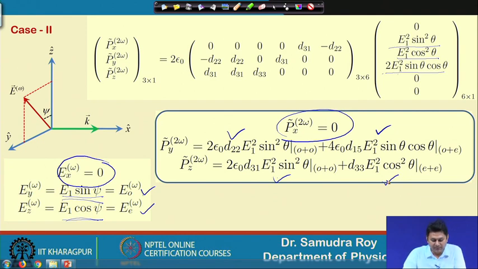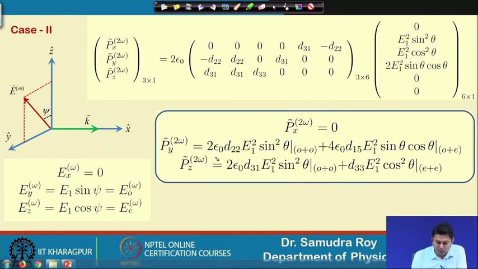As a result we have different terms in P x, P y and P z. P z is containing 2 terms, P y is containing 2 terms and P x is containing no terms, so it is 0. Now you should be careful enough to find out what the combination is. In both cases I find it is E 1 square sin square theta, so that means E 1 sin theta.